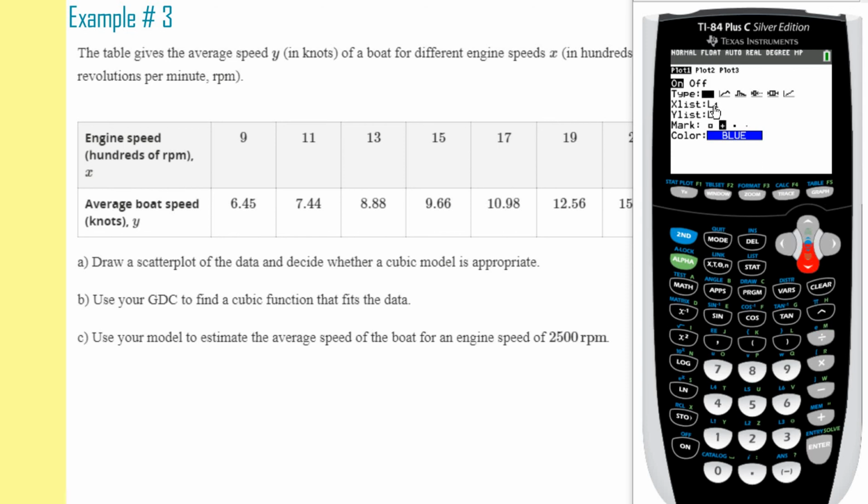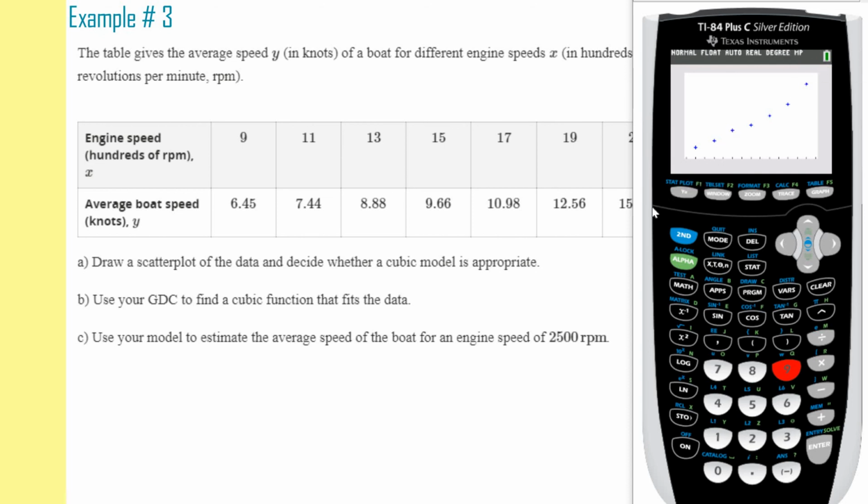Scatter plot, list 1 is my x's, list 2 is my y's. The engine speed is x, and the average boat speed is y. So I'm going to get rid of this equation so it doesn't pop up, and do zoom stat. And here I've got all my data values.